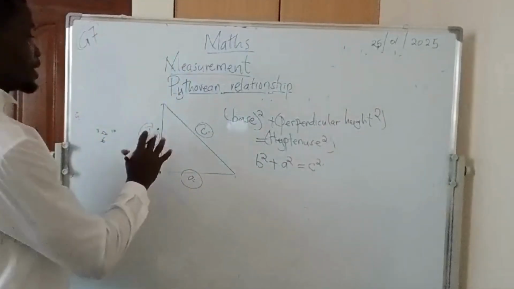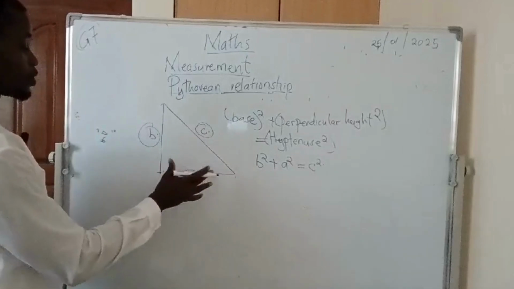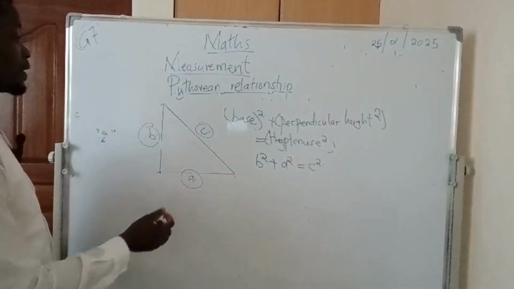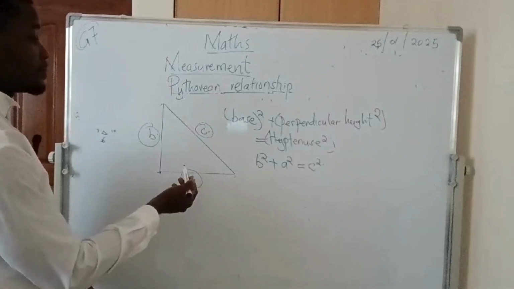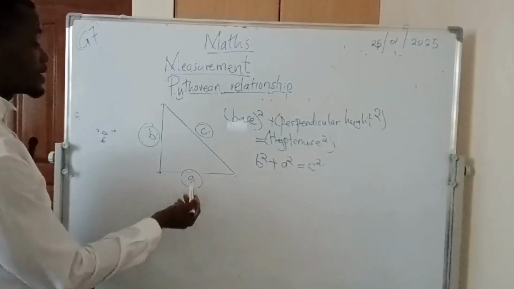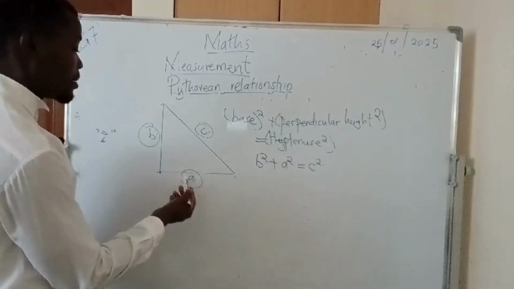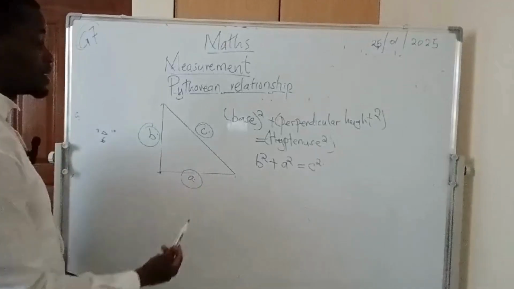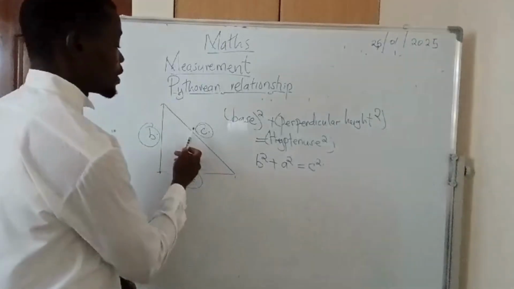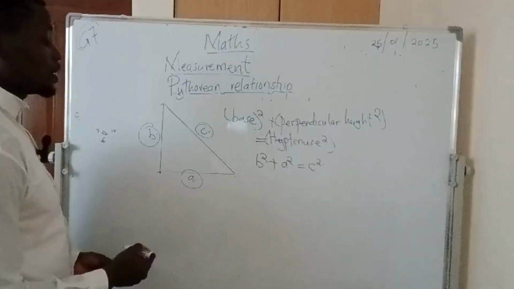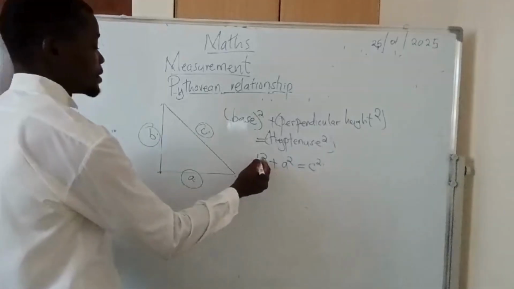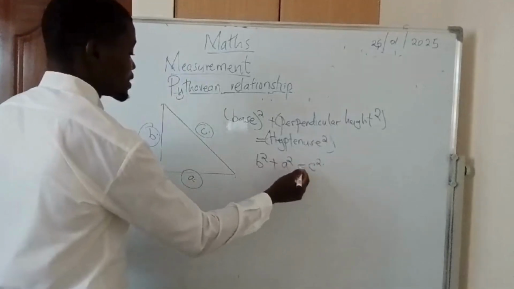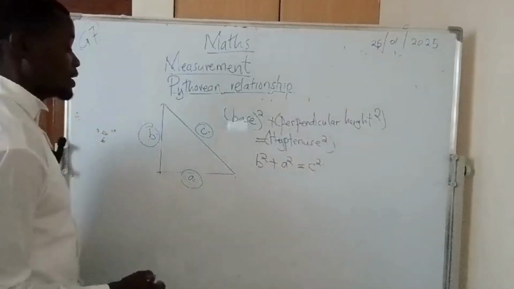I repeat, for us to know how all these sides are calculated, the sum of the two shorter sides, that is the perpendicular height and the base, squared is equal to the hypotenuse squared. That is why I've substituted b squared plus a squared is equal to c squared.